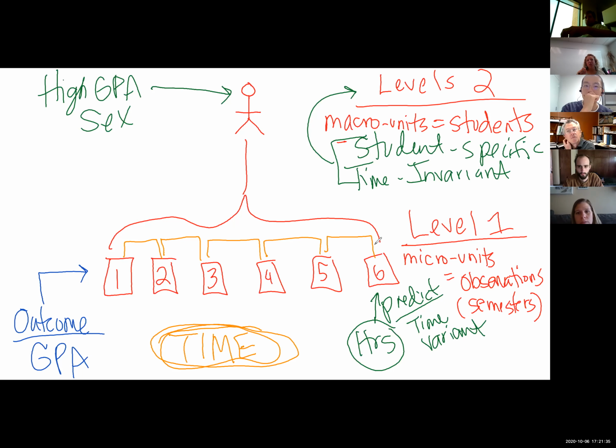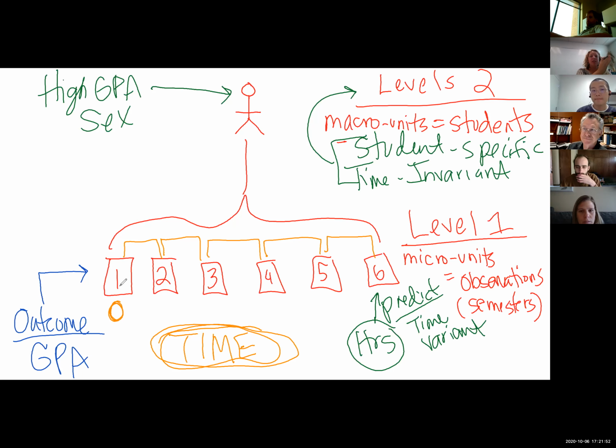With longitudinal, we'll often center at the first time point. So instead of numbering these 1 through 6, often we'll number the first one at 0. So the intercept is at the baseline, the first instance.